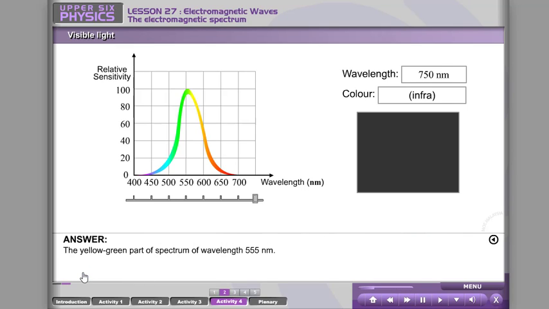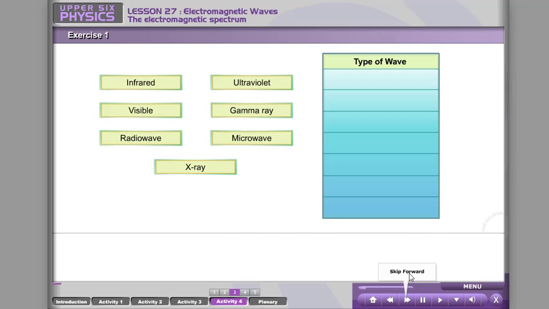Answer. The yellow-green part of spectrum of wavelength 555 nanometers. Drag the types of wave to the correct order of wavelength with the longest at the top.